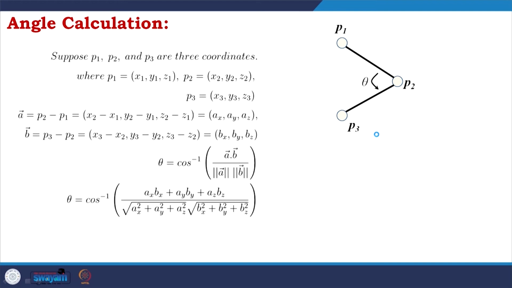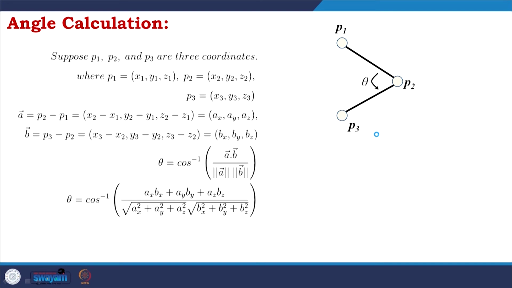A is P2 minus P1, which is Ax, Ay, Az. B vector is P3 minus P2, which is Bx, By, Bz. So, now theta, the angle, would be cos inverse of the dot product of the two vectors divided by the product of the absolute values of the two vectors.